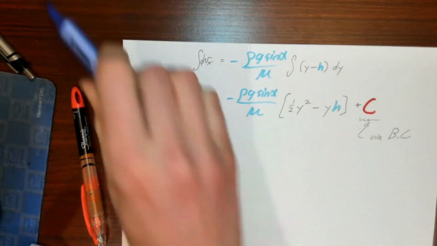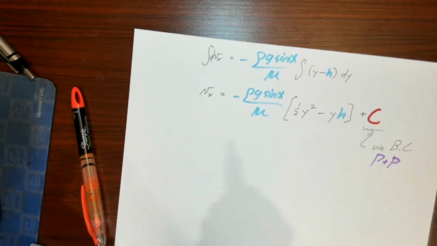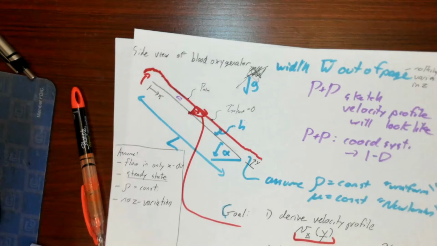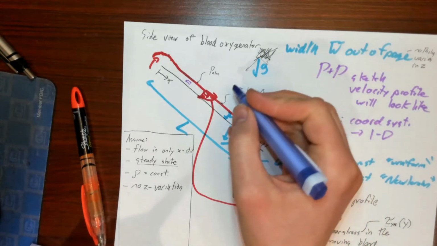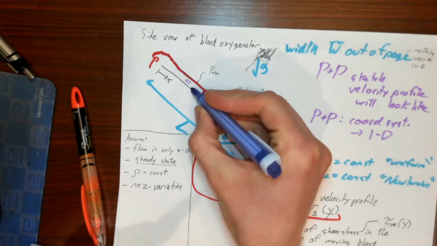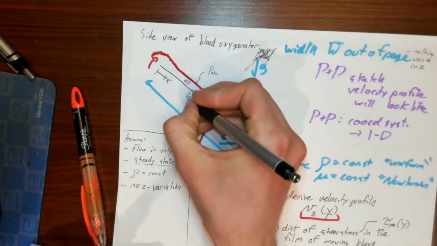So take a moment now, pause and ponder. What boundary condition is going to help us resolve this as yet unknown constant of integration? Well, perhaps you've thought of it. The flow velocity right here at the base of the plate should be 0.